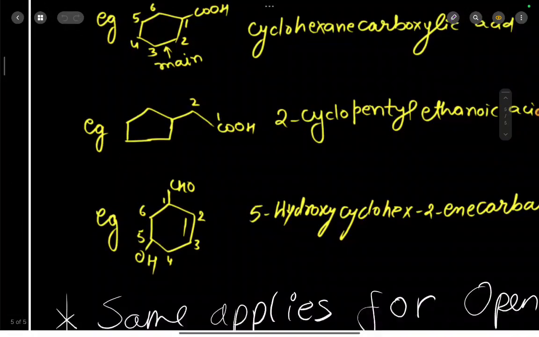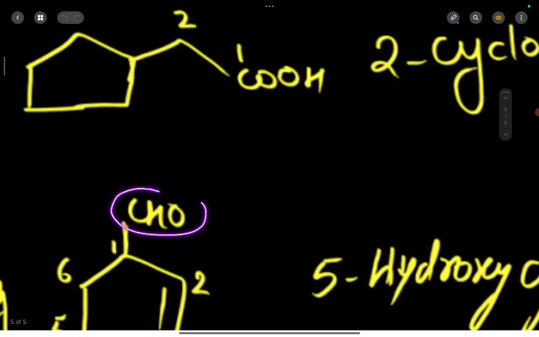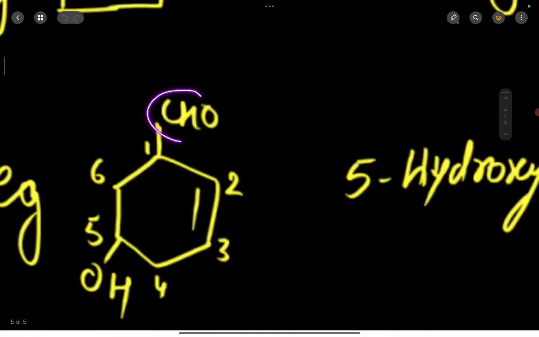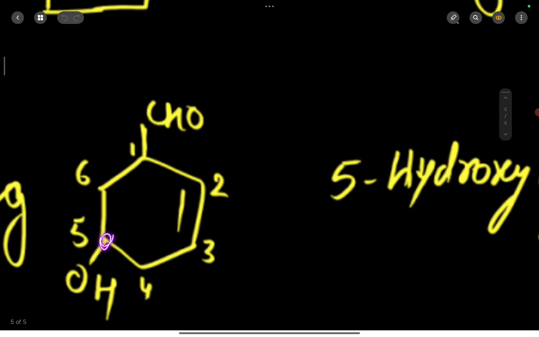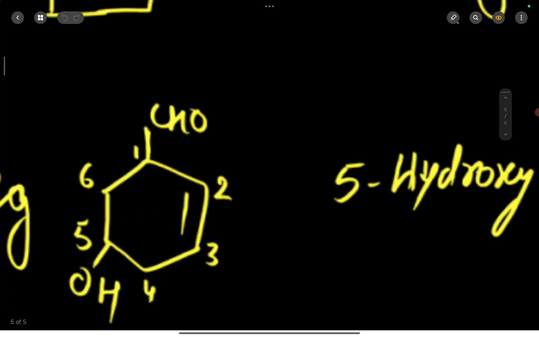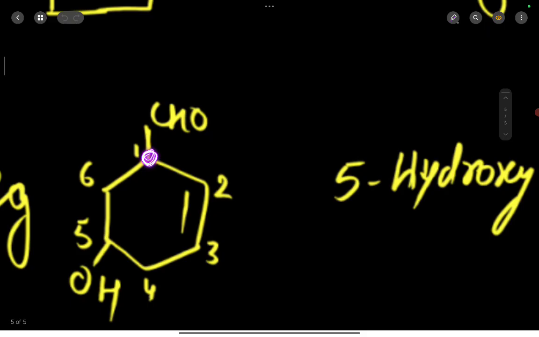Okay, and here you can see again a terminating group directly connected to the ring. So the aldehyde takes preference and OH will now be a substituent, and over the substituent we choose the double bond as preference; the multiple bond will be given priority. So we start numbering from this part. We number this way because the double bond takes priority over a substituent, and at fifth position there is a hydroxy group.